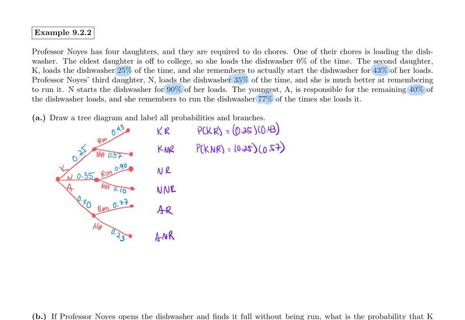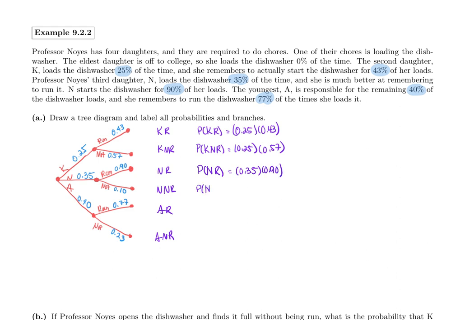So again, we're just going branch to branch, branch to branch. Now let's do N. N loads 0.35, running is 0.9. So the probability of N loading and running is 0.35 times 0.9.